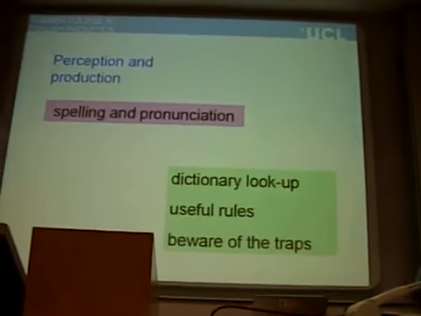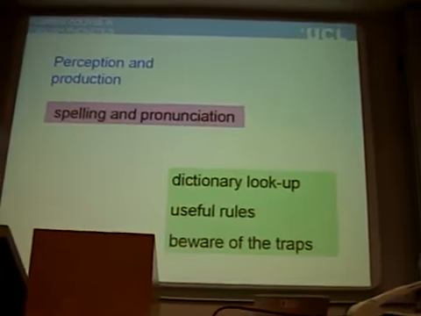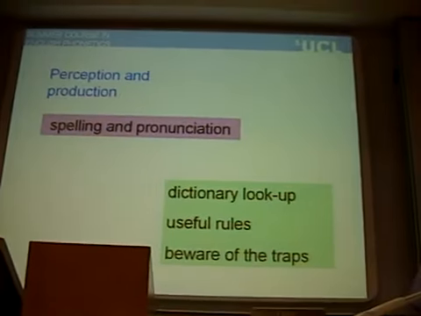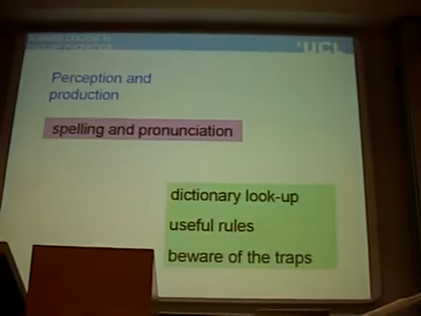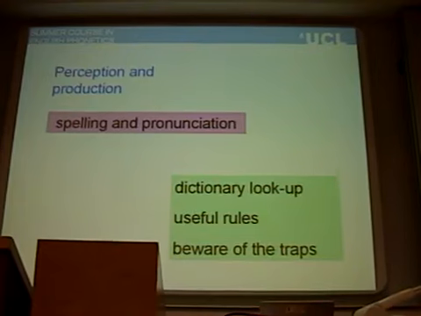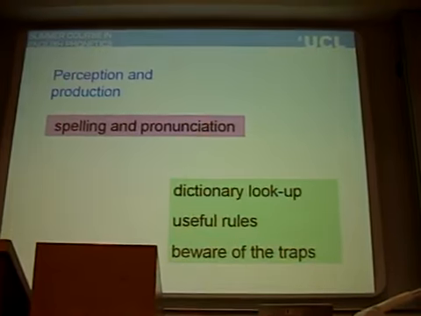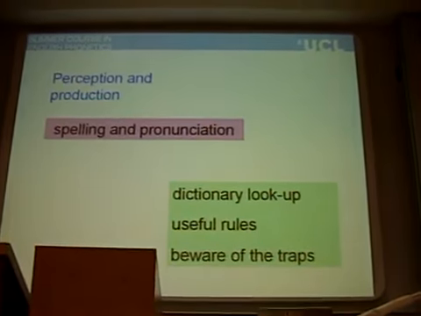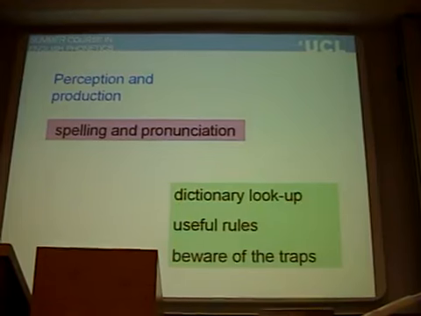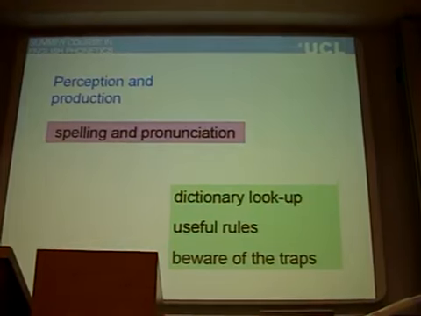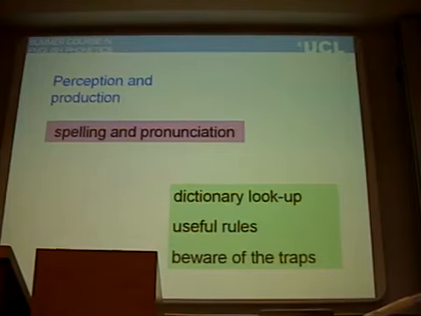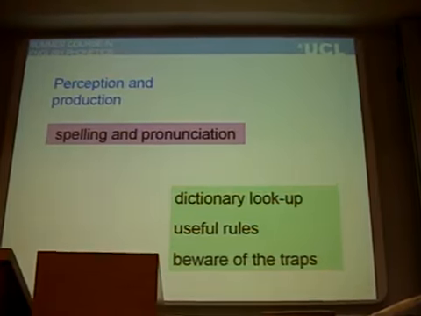This is really why we advise your learners to make use of a dictionary, either a general dictionary, or if they are particularly concerned with pronunciation, a pronouncing dictionary, and look words up. And the general advice is, when you learn a new item of English vocabulary, you should learn the pronunciation with it.